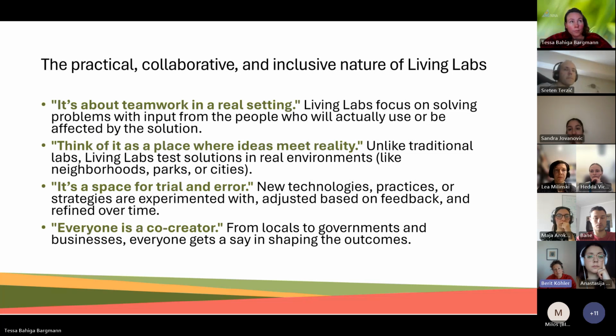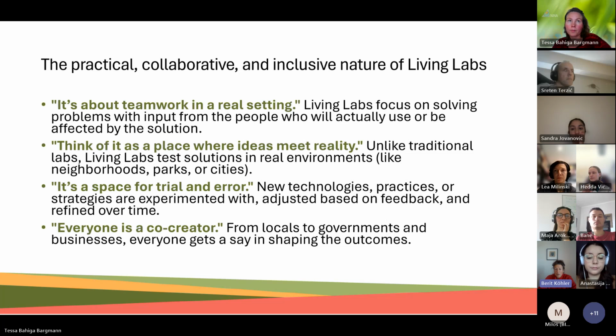So we see there is a practical, very collaborative and inclusive nature in these living labs. So it's about teamwork in a real-life setting. That is, living labs focus on solving problems with input from the people who will actually use or will be affected by the solution.